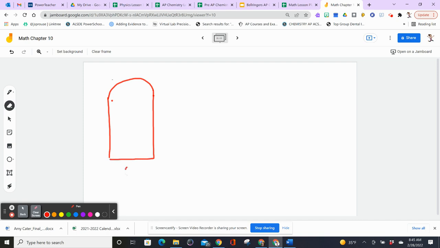At the bottom it is 6 feet across, and this distance is 8 feet to the arch part. So we need to find the circumference of the semicircle, the top part, and then add that to the bottom.